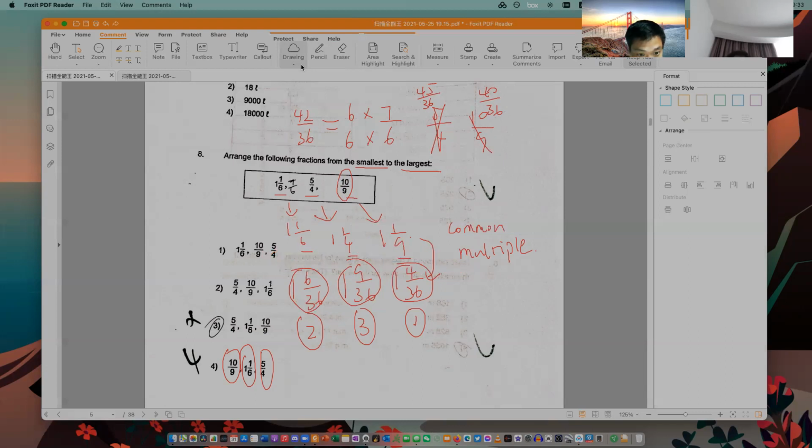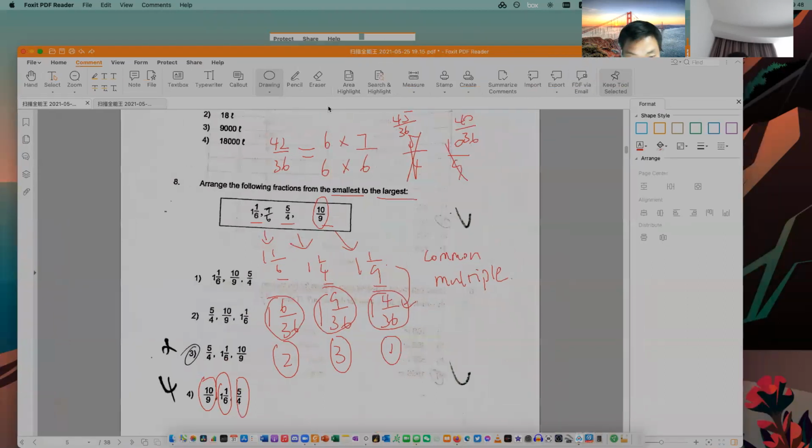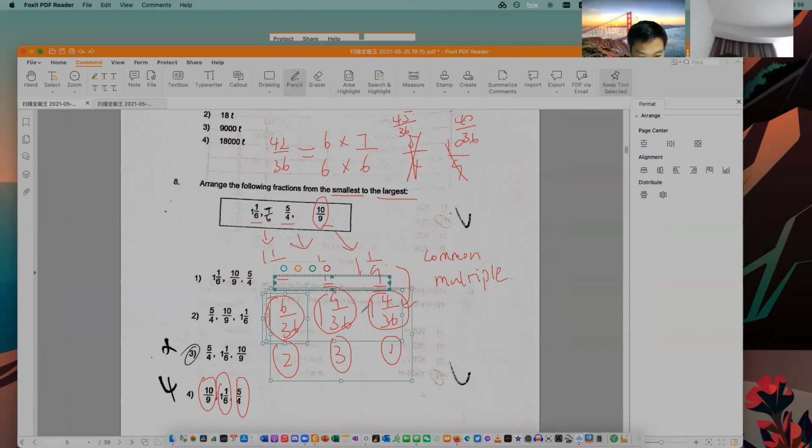So looks like I should not use this. I should use this. Can you see they are smaller compared to yours? Okay, I can draw. Strange, but never mind. So basically, just do it this way.